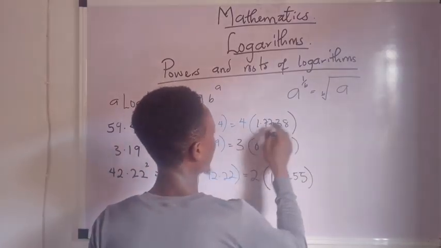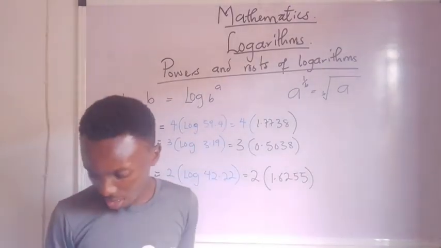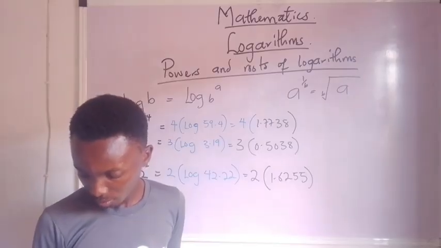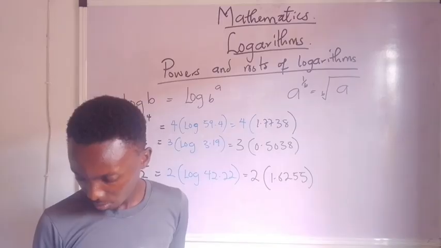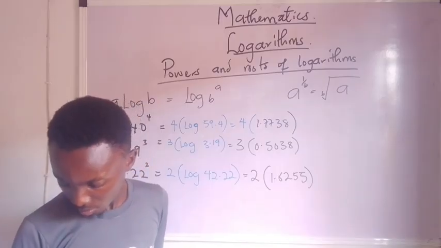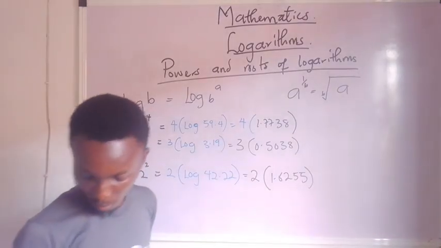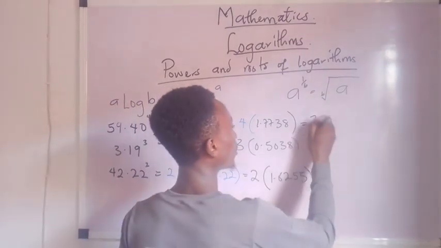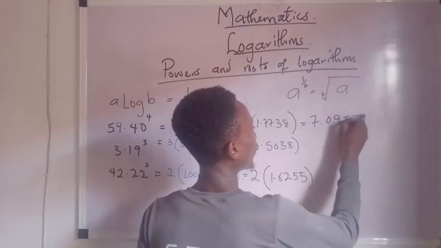Now when you multiply this by this, we get 7.0952.